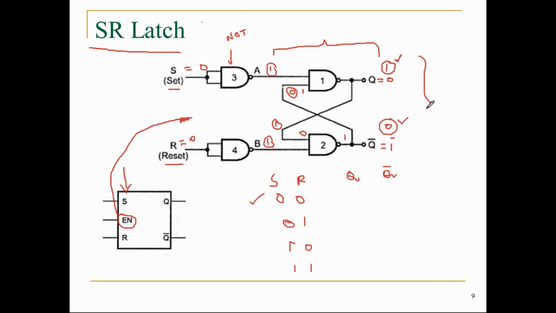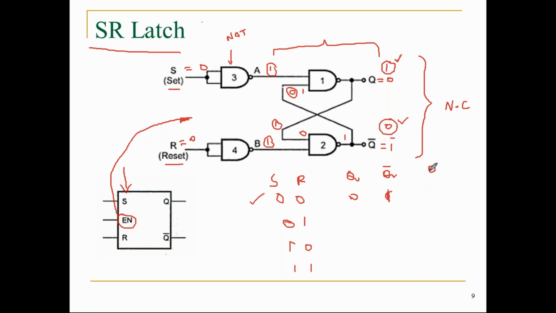So please listen, I call this a no changing state. Whatever I assumed, the same thing only comes here. So whenever my set and reset inputs are 0, I made two assumptions here: initially Q equals 0 and Q bar equals 1, or Q equals 1 and Q bar equals 0.